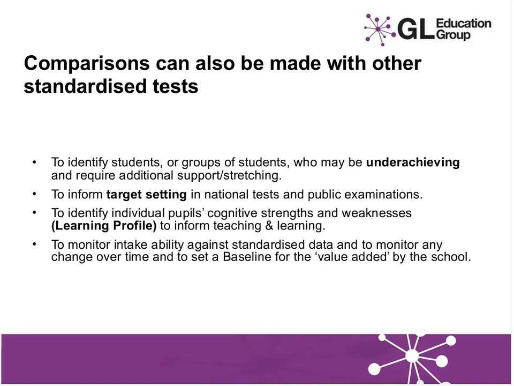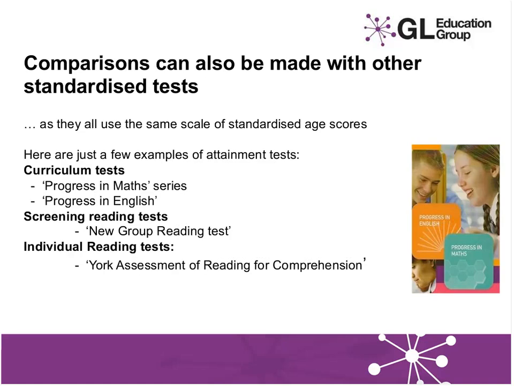Of course, because these are standardised assessments, so CAT4 is standardised, you can also compare with other standardised tests as well, so that you have that whole view, which, going back to the diagram I showed you at the beginning, that 360-degree view, you could put attainment test data alongside your CAT4 data.